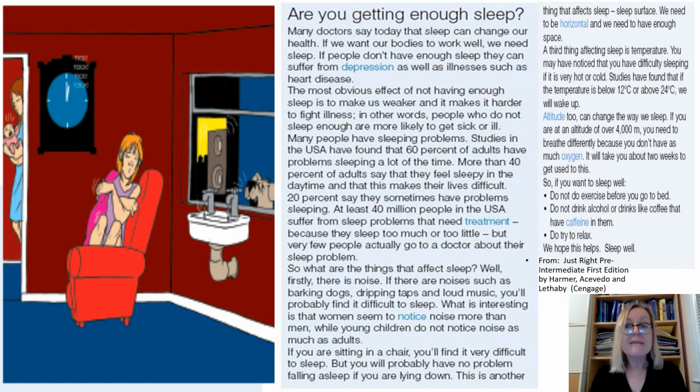So here we see an example of a text. This is a common text about sleep, a very common topic that learners will know something about. What we're going to do here is think about how we can use the visuals to support the text.